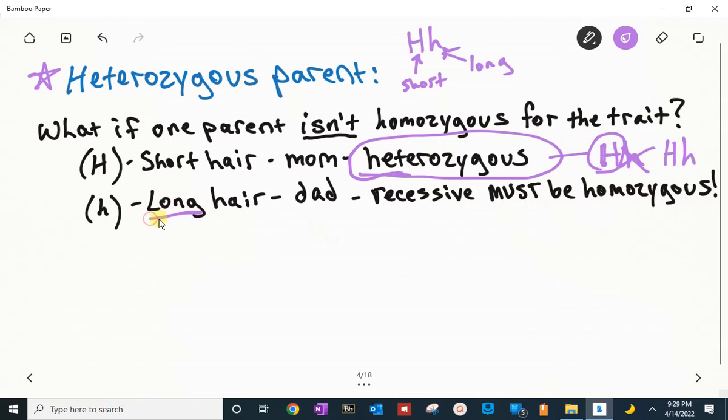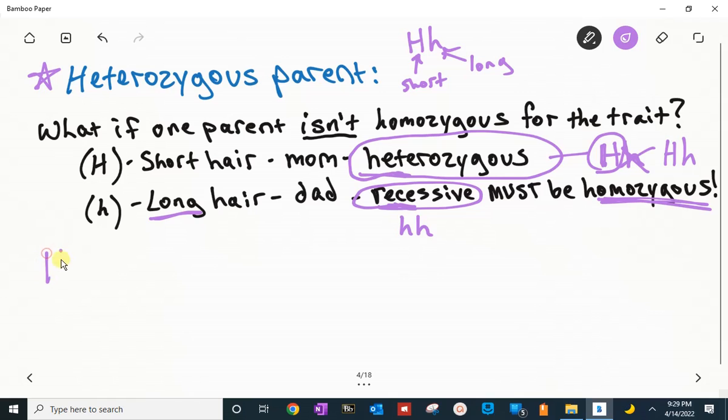And then the long hair for the dad has to be homozygous because the recessive phenotype, if the dad actually has long hair, then both of his chromosomes in the pair have to be the same. It has to be both lowercase h's.